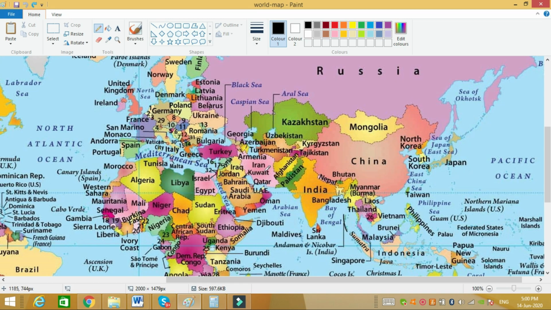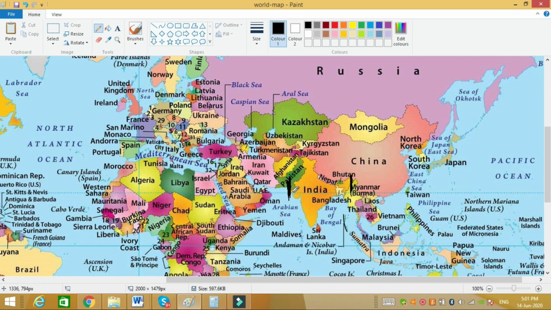See, this is the map of India. In the map, two longitudes are clearly shown, which are the two extreme ends of India. One is here, another one is here.